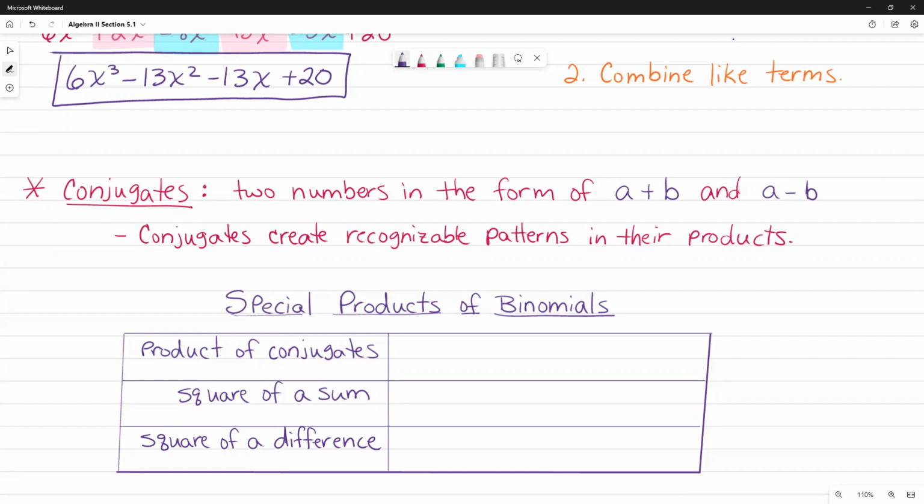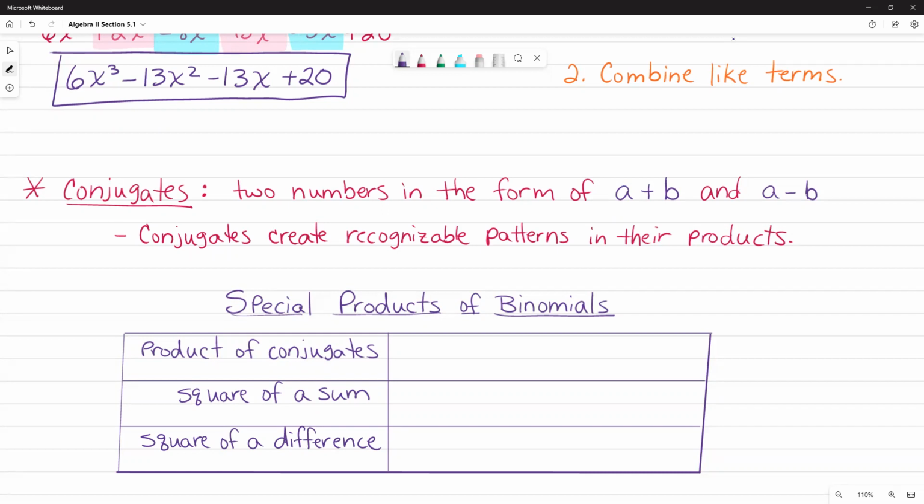So if you look at two binomials and you realize that you've got like terms, and one is addition and the other is subtraction, then you can simplify them in very specific ways. So it saves you a lot of extra work.